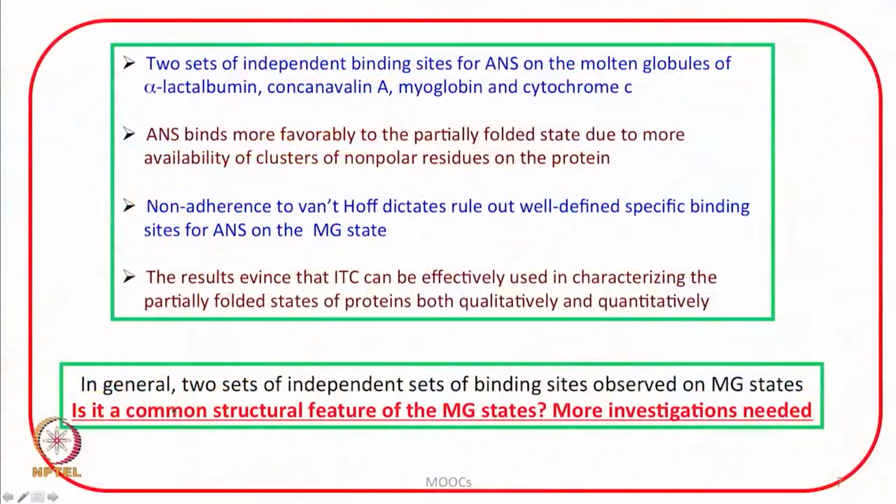And here the molten globule state which I am referring to in these examples are the ones in which the tertiary structure is lost, but the secondary structure is intact. So, the comment made over here applies to those states, that in general there are two sets of binding sites on the MG state for the incoming ANS molecule.